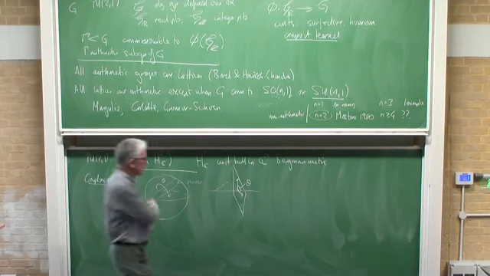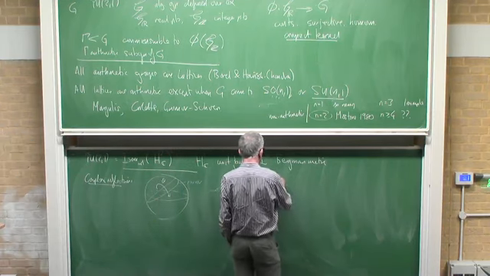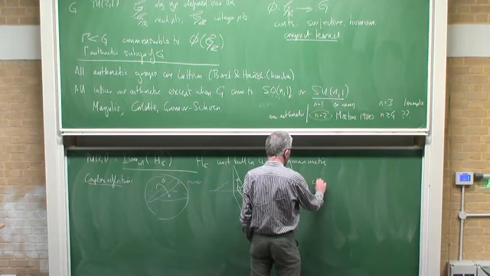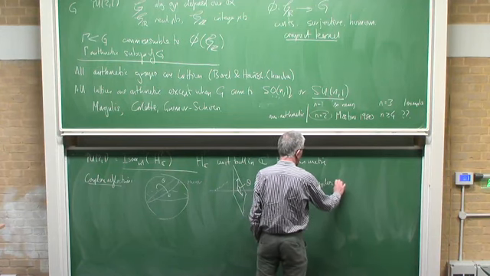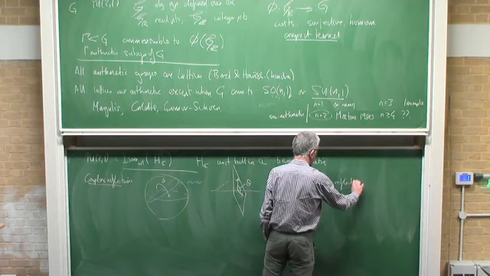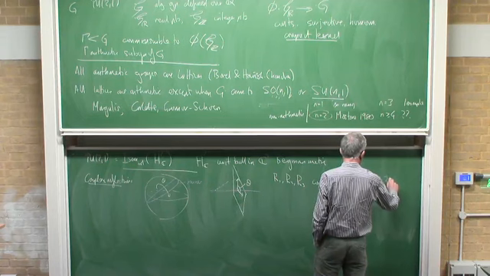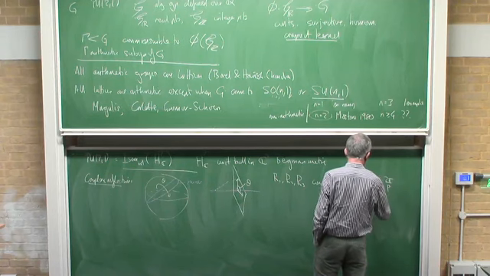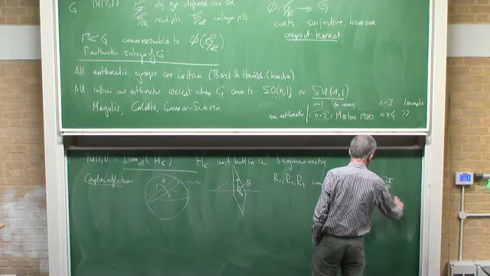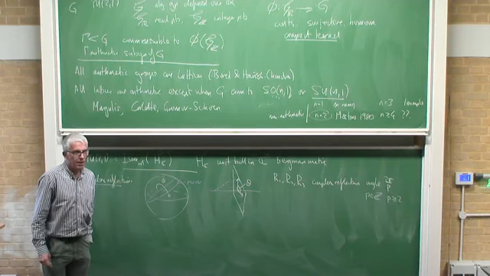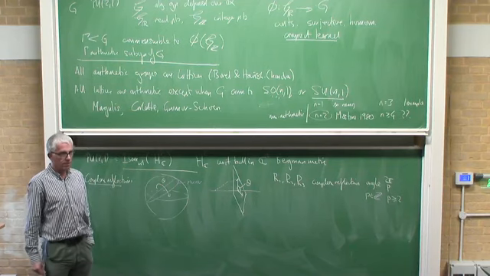In all the cases I'm going to be thinking about, groups generated by R1, R2, R3, which are going to be complex reflections of angle 2π/p, where p is an integer greater than or equal to 2. Same p for the three? Same p for all three.